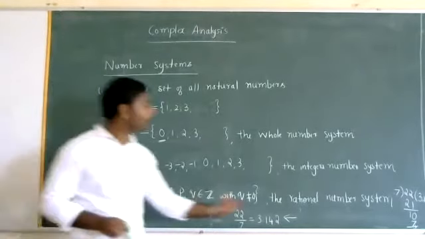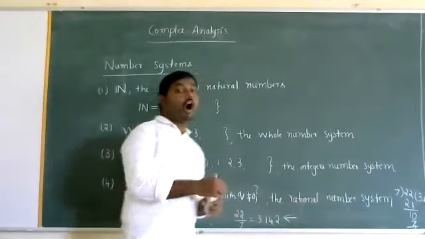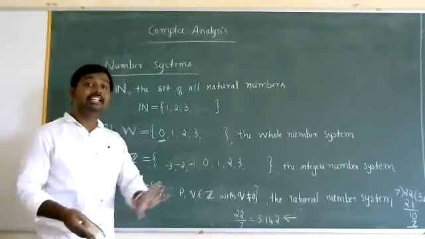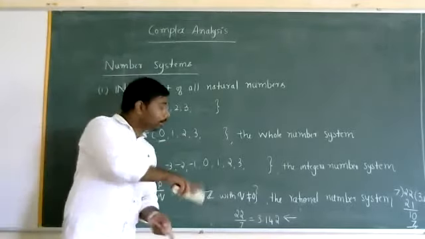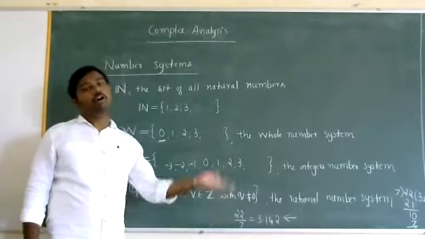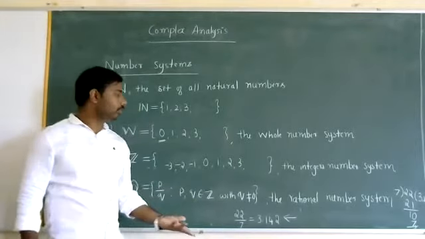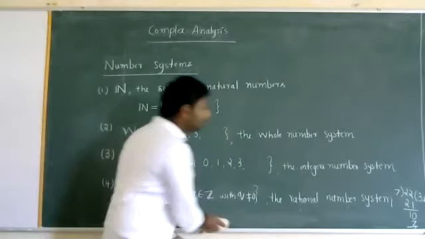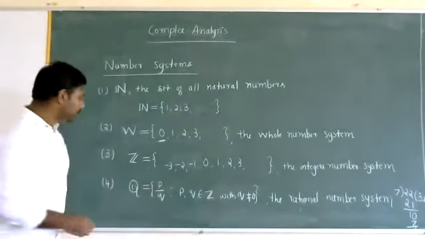Irrational is the opposite of rational. All those numbers which are not rational, meaning they do not have terminating or recurring decimal form, come under the number system called the irrational number system.